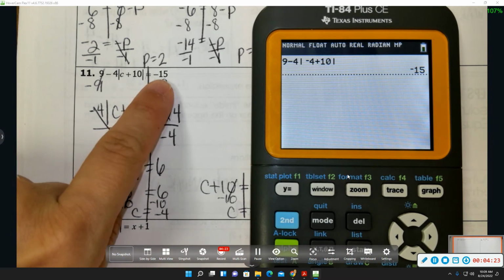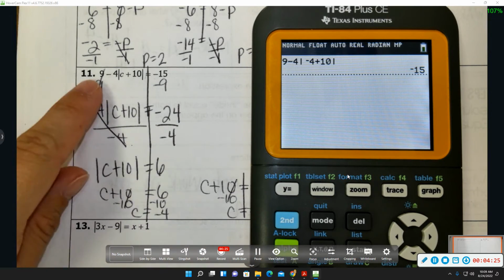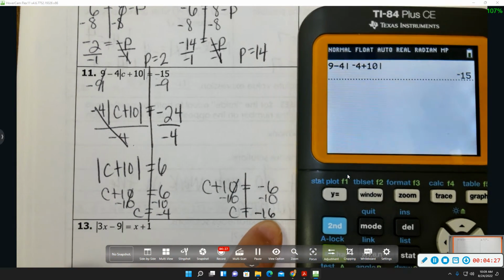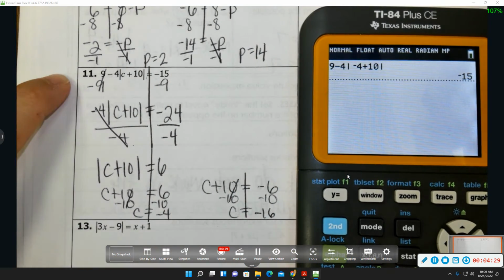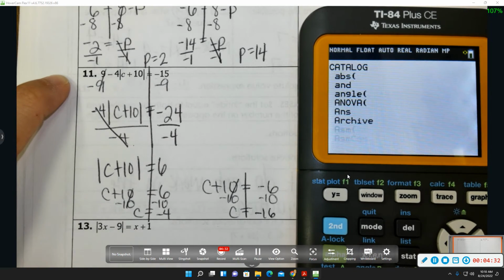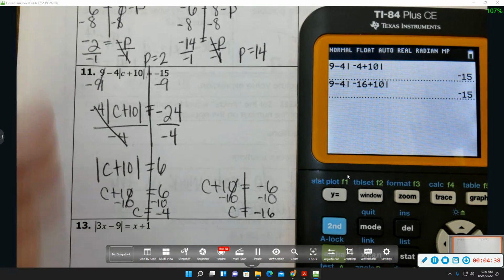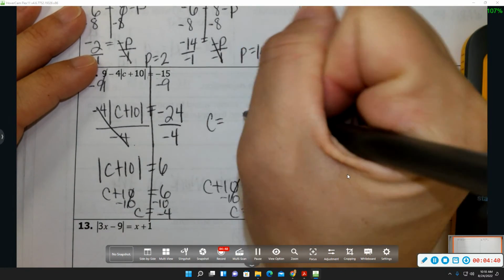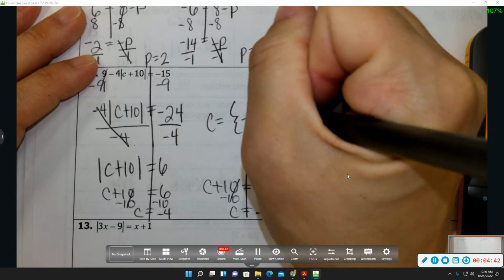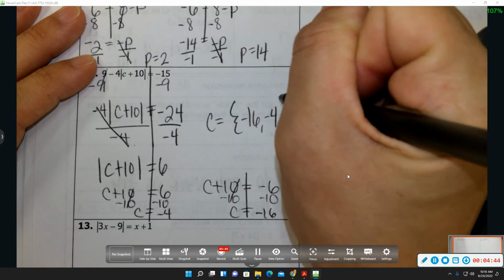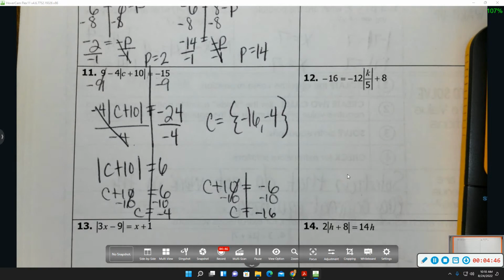That is what I was wanting to begin with. So then I'm going to do the same thing, but now I'm going to try that negative 16. So I'm going to do 9 minus 4, absolute value of negative 16 plus 10. They both work. So C is equal to negative 16, negative 4.